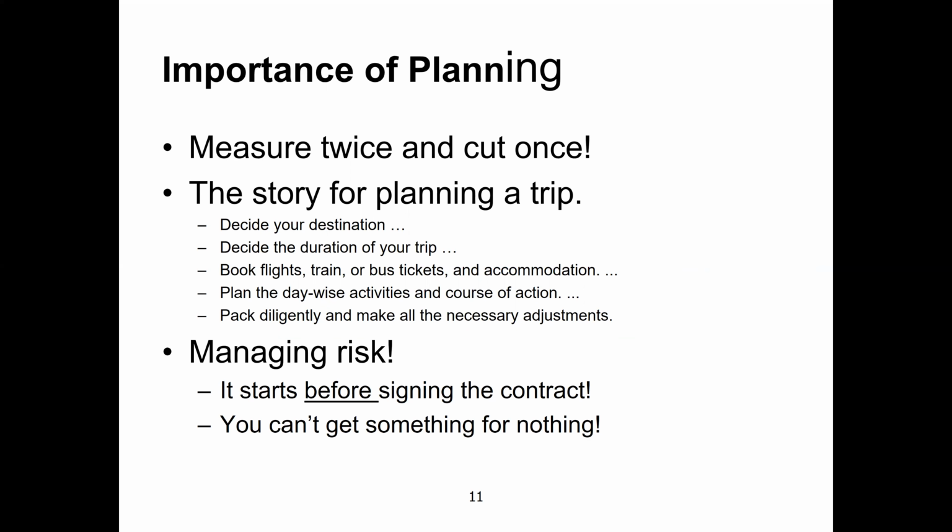If we plan to travel to another country, we need to decide our destination and the duration of our trip. We can book the flight, or inside the country or in Europe you can travel by train or by bus, and then arrange accommodation. Then plan day-wise activities, what you are going to do during this trip, your course of action.